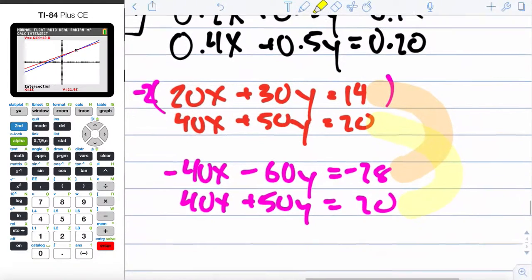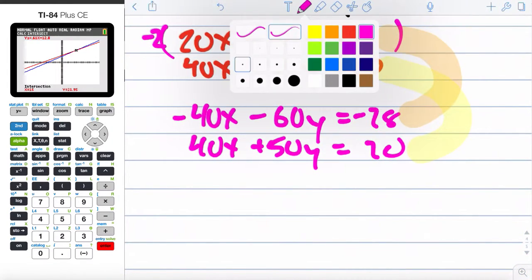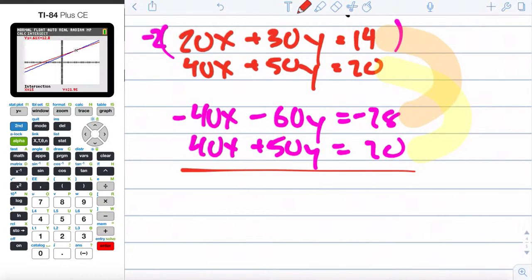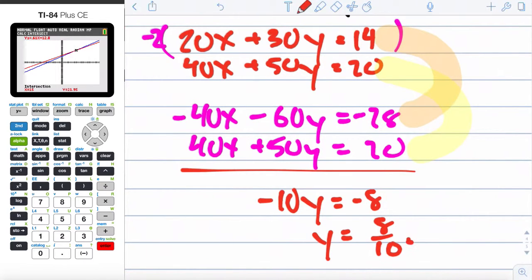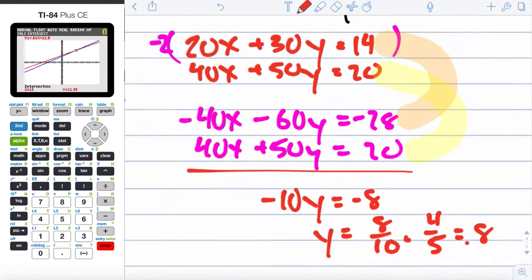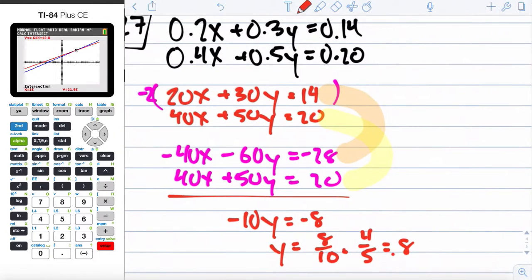Okay, so we do that addition. And when we do that, the x's cancel. We get negative 10y, and we get negative 8. So y is equal to 8 tenths, or 4/5, or if you prefer 0.8. Any of those is acceptable. All right, I'll use 4/5.